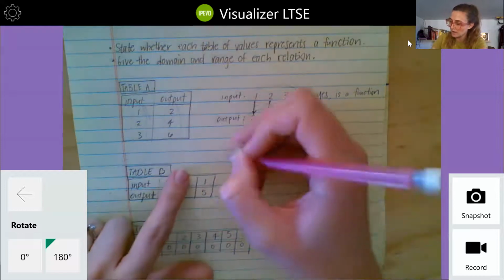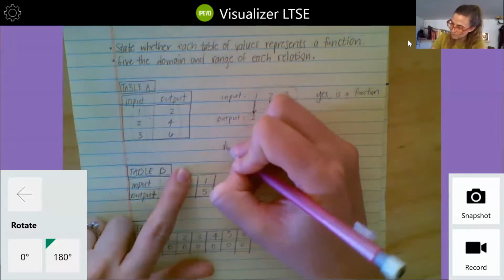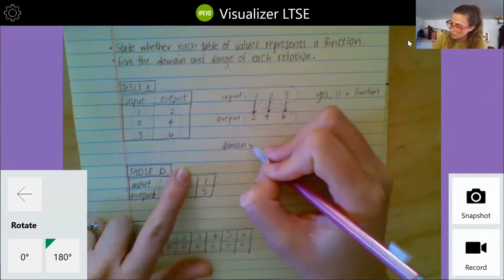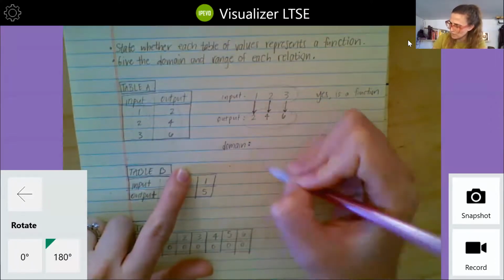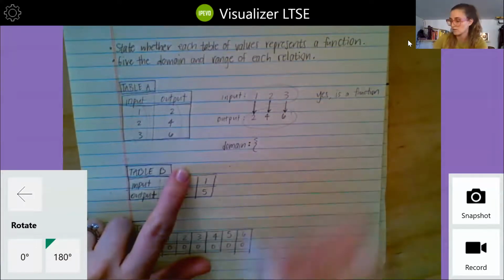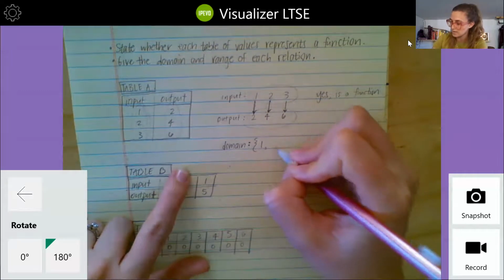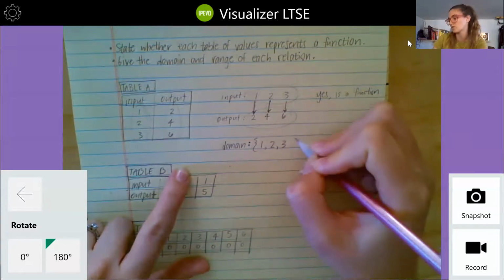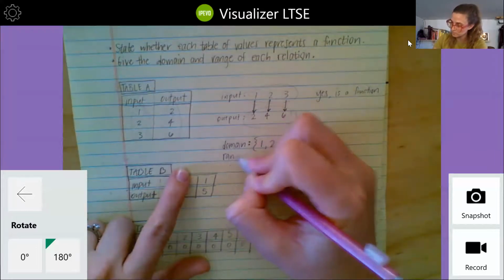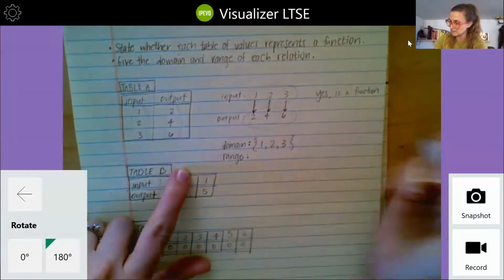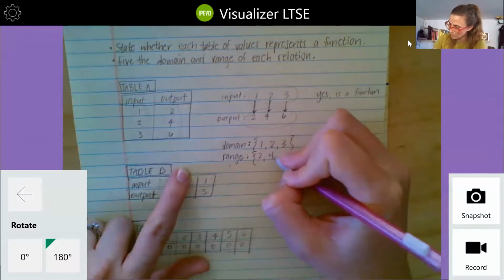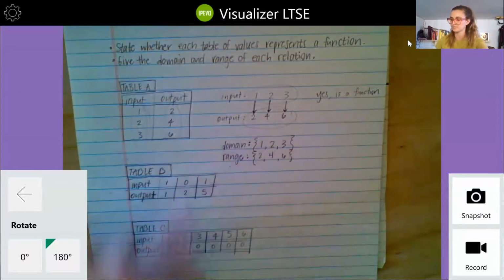And the way we write that out is we say our domain is, so we put the colon there and then the squiggly brackets. Domain is 1, and we separate by commas, 1, 2, and 3. Our range is, in the squiggly bracket, 2, 4, and 6. Okay.